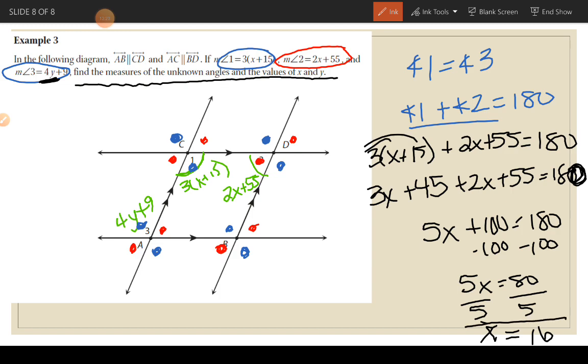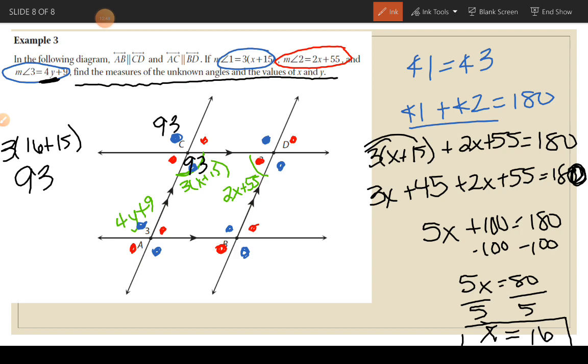Well, here's the value of x. So let's start finding the values of the unknown angles. So angle 1 is going to be 3 times 16 plus 15. So 16 plus 15 is 31, times 3 is 93. So angle 1, all the blues actually, is going to be 93.